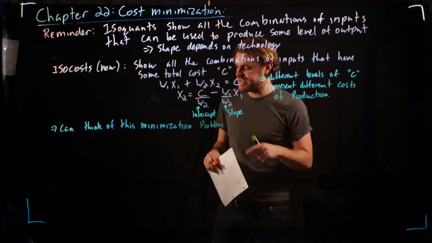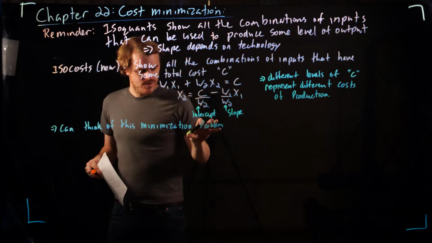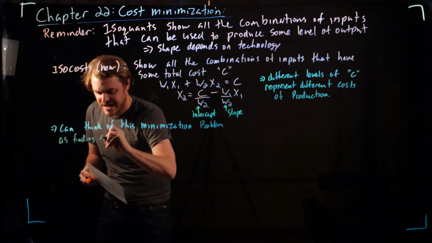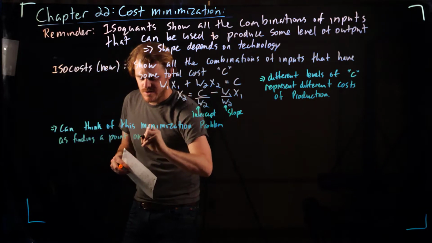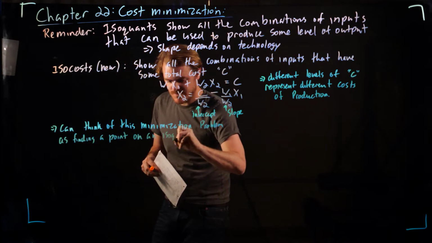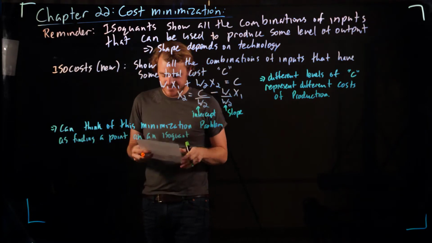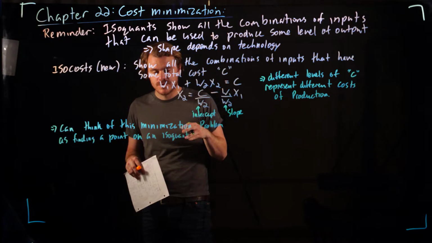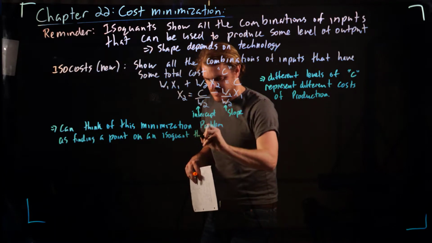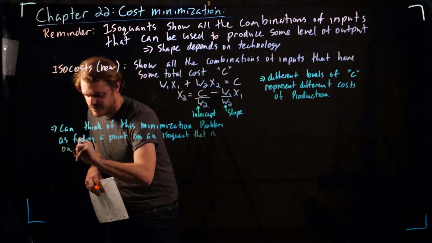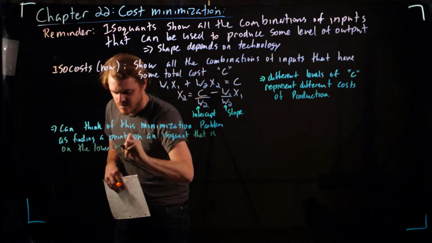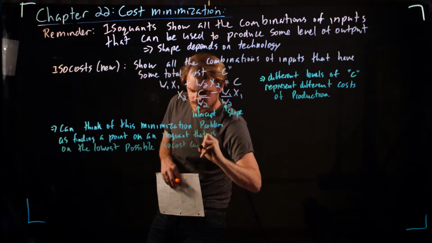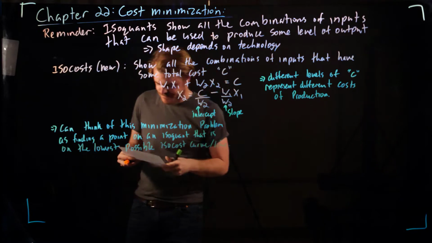We can think of the problem as finding a point on an isoquant, so a point on some level of production, that's on the lowest possible isocost curve, or line, whatever you want to call it.